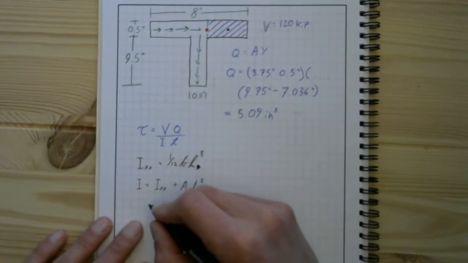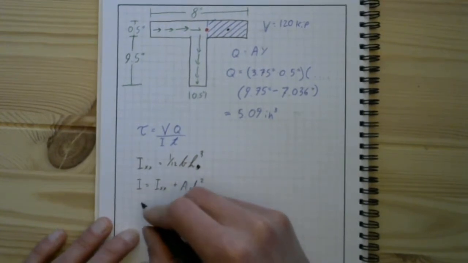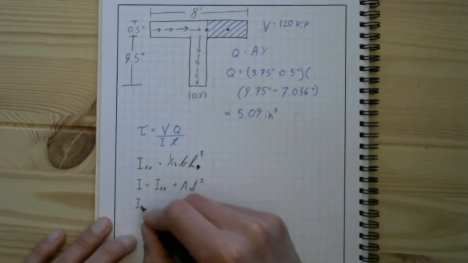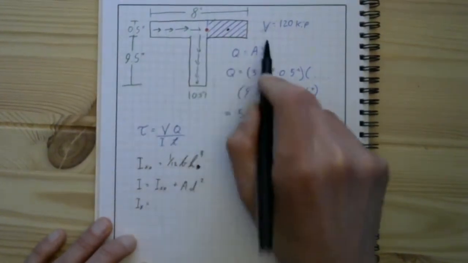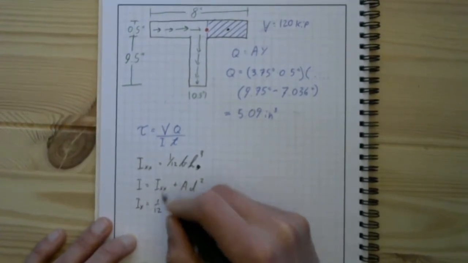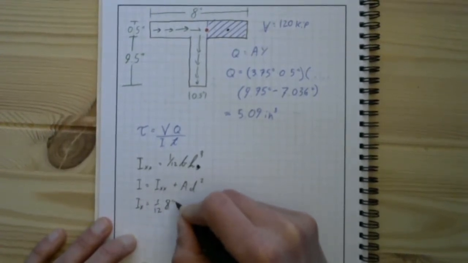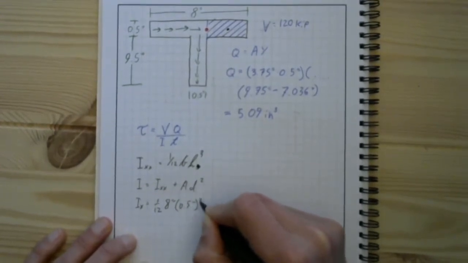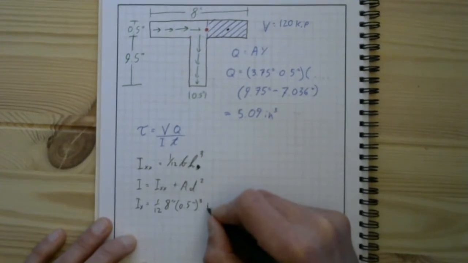That's going to give us, well, start with this top one. We've got 1/12, the base is 8 inches. The height is 0.5 inches. Cube that.